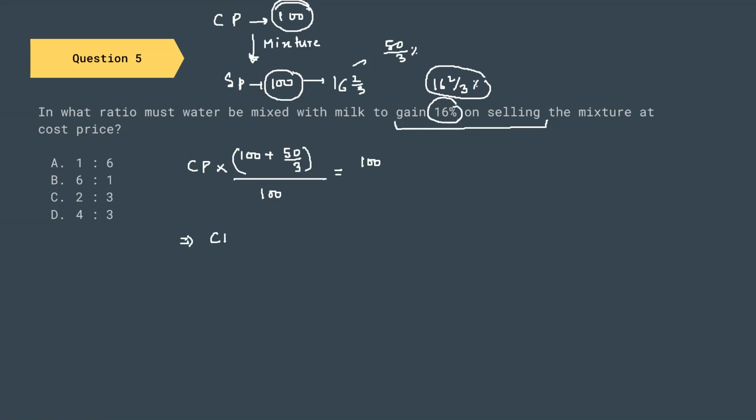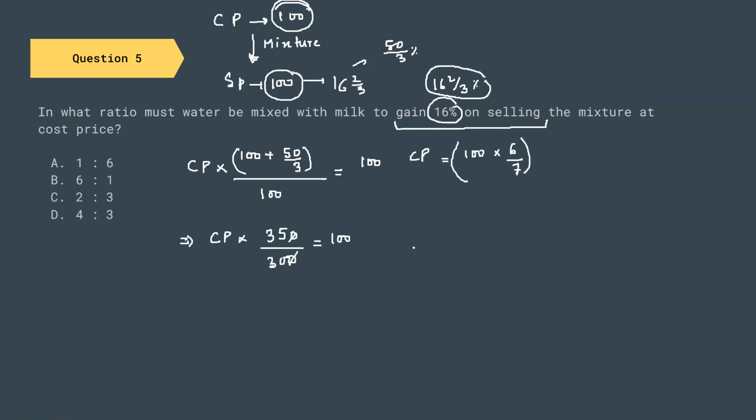So CP will be, this will be 300. 300 plus 50 will be 350, and that is going to be divided by 300 here. The zeros will be cancelled, so this will be 100. So CP is equal to 100 into 6/7. So this is the cost price of the mixture.